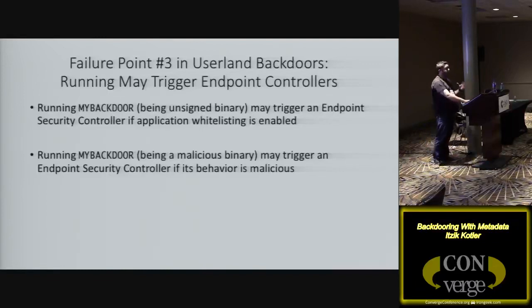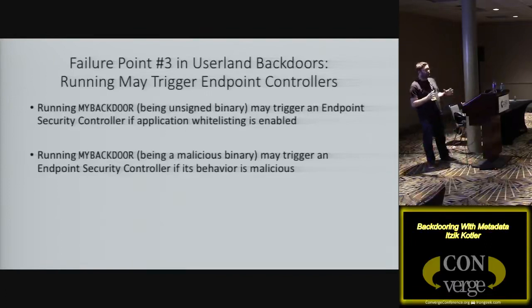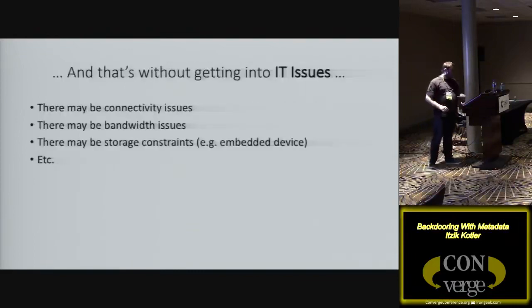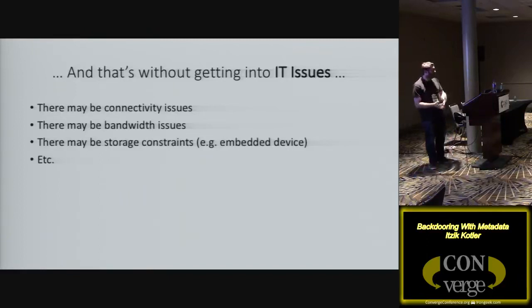So considering these three vital failure points in user-land backdoors: transferring, dropping, and running. And that's without even talking about IT issues. Because yes, pen testers and red teams have IT issues, and the IT issues are just a byproduct of the environment that they operate in.